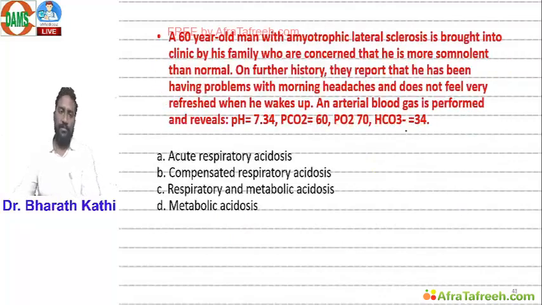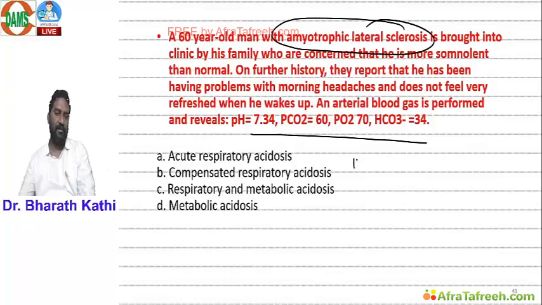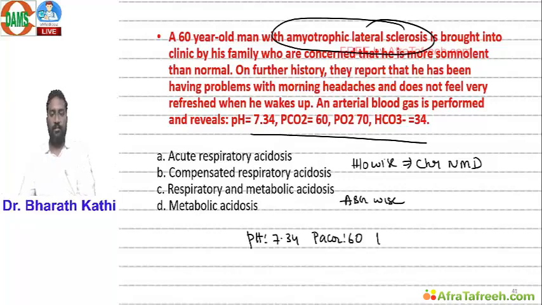So next question, practice question: amyotrophic lateral sclerosis, a lot of history, ABG is given. History wise, amyotrophic lateral sclerosis is a chronic neuromuscular disorder. ABG wise, very simple: pH 7.34, PaCO2 60, bicarbonate 34.